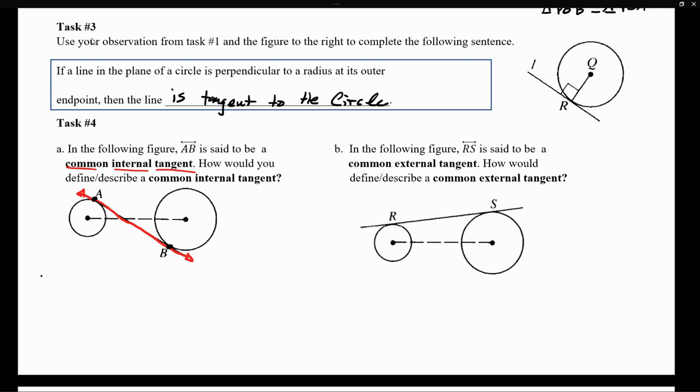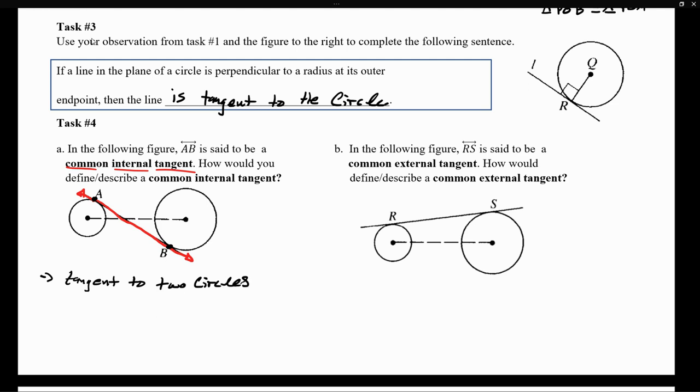The first thing that we can notice is that in order for this line to be a common tangent line, it is tangent to two circles. So the first thing that we know is that this line must be tangent to two circles. But what else?